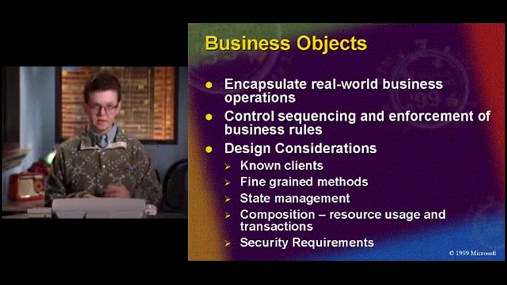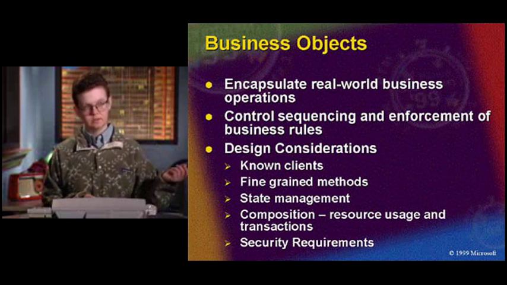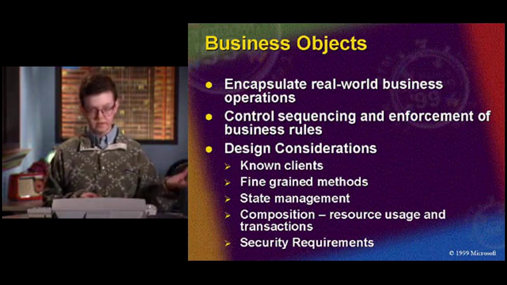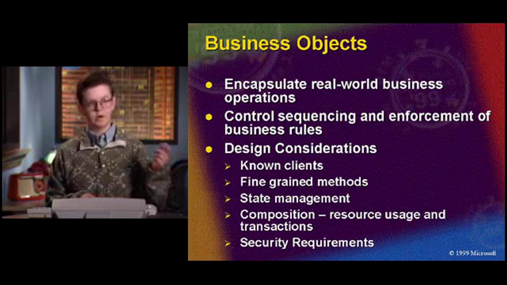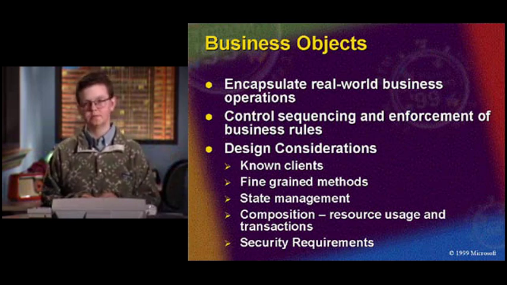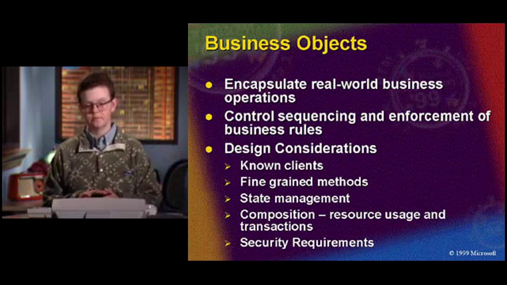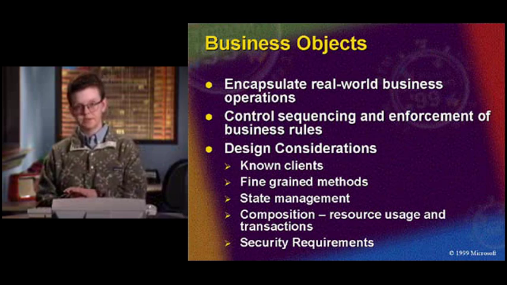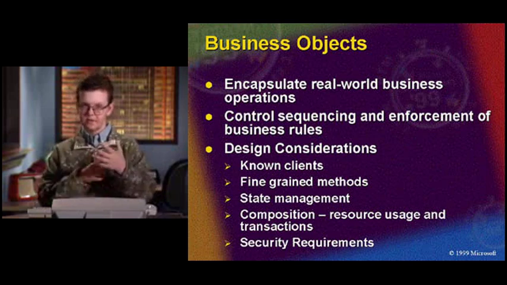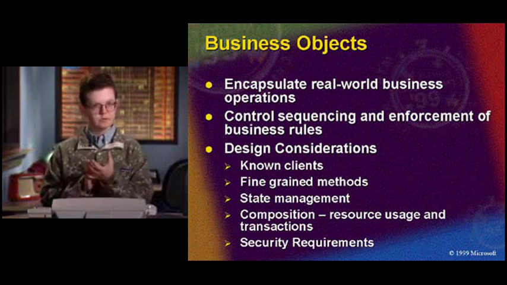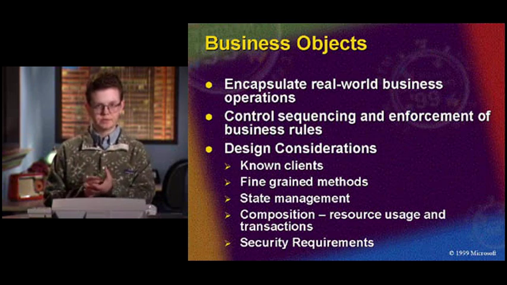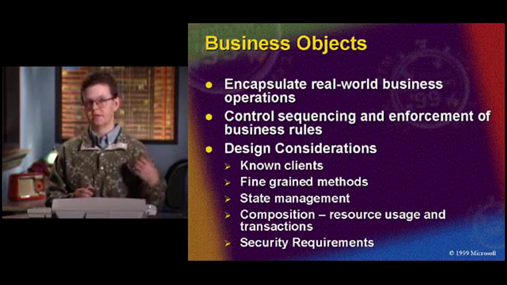If, on the other hand, you were expecting the client, the end user, to pass information about one object at a time over to the business object, you wouldn't want to keep that information in the per-object state, because then you'd have to keep this business object alive on the server, tying up resources until the client decided it was done.